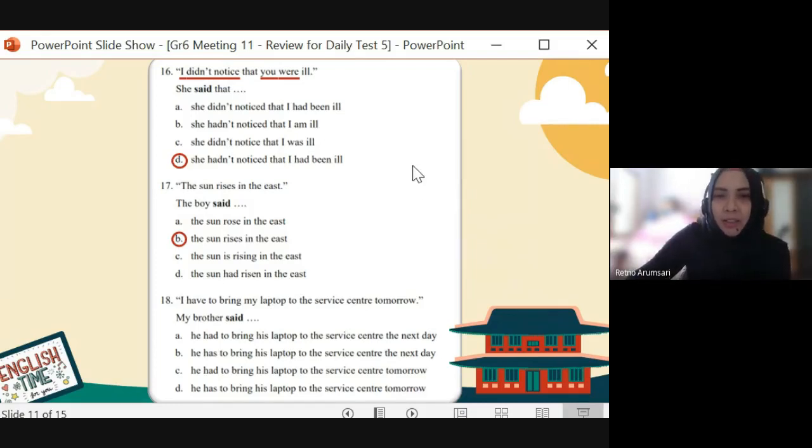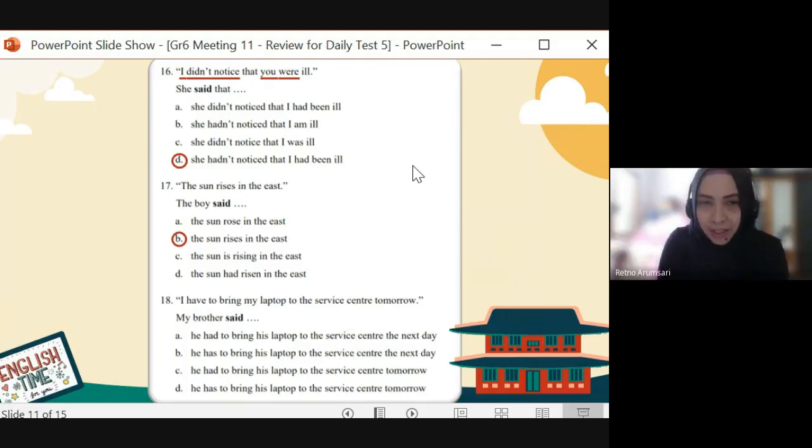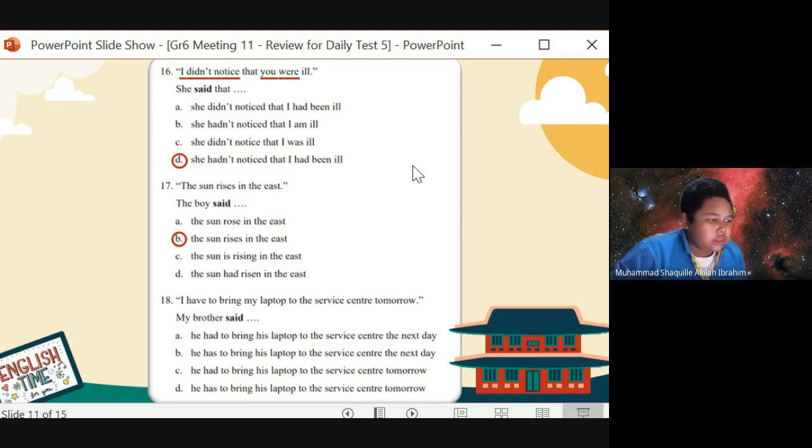Number 18, Shakil. I have to bring my laptop to the service center tomorrow. My brother said that he has to bring his laptop to the service center the next day. My brother said he had.